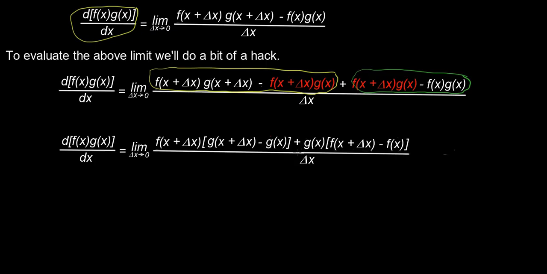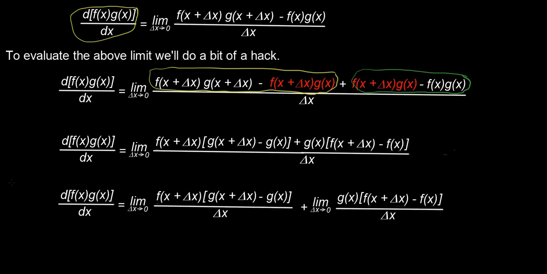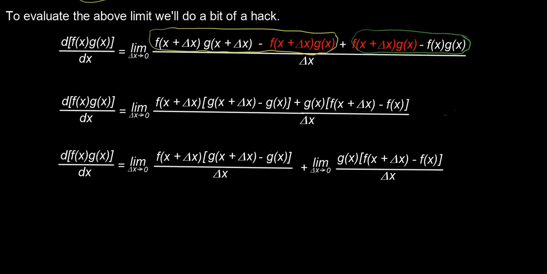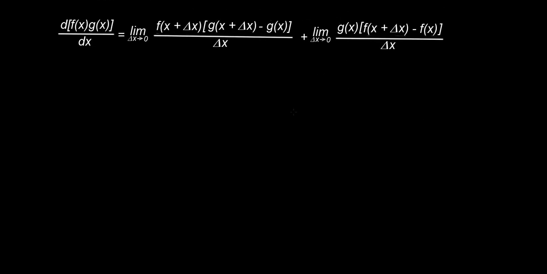I could write that as the sum of two fractions, and I know from my limits that the limit of a sum is the sum of the limits of its constituents. So when I express it that way, this is really the sum of two limits that I'm evaluating. And when and if I do, that will tell me how to find a derivative of a product of two functions.